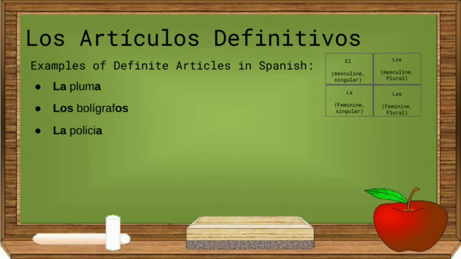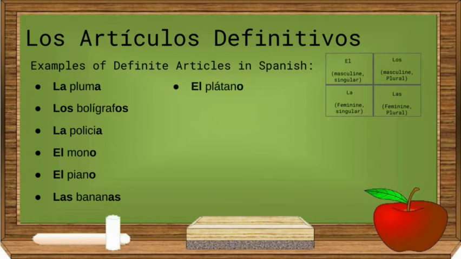La policía, the police. El mono, the monkey. El piano, the piano. Las bananas, the bananas. El plátano, the plantain. You can also say that's also a banana if you want to. Once again, another one of those examples where la banana and el plátano can both work.